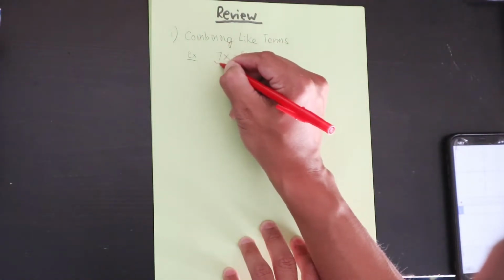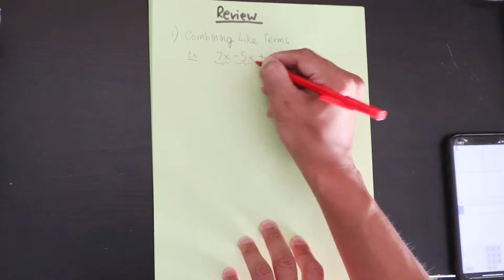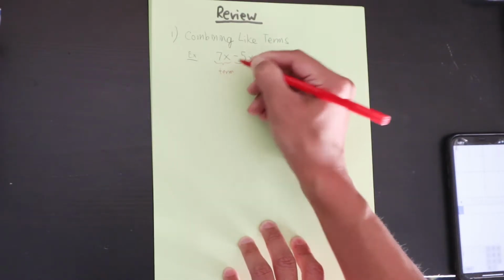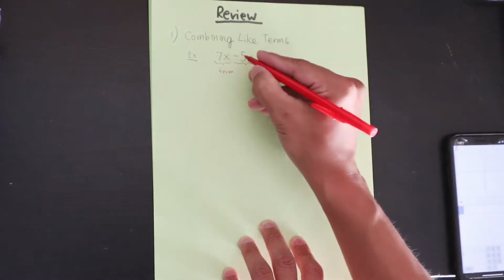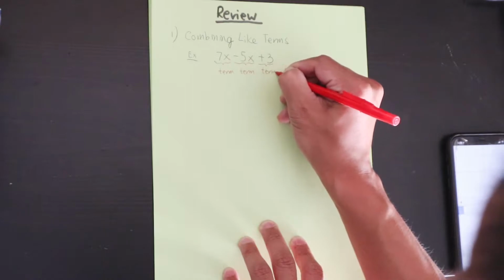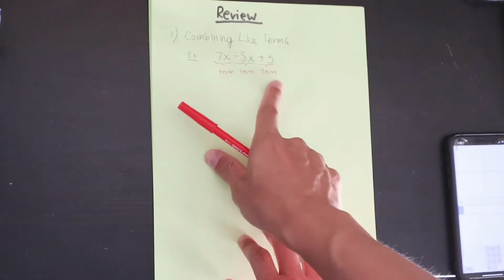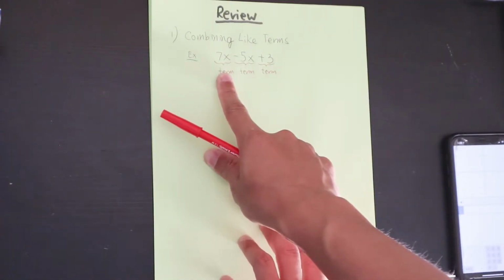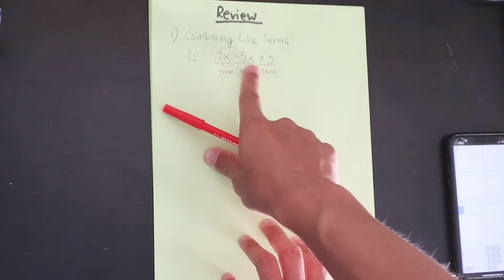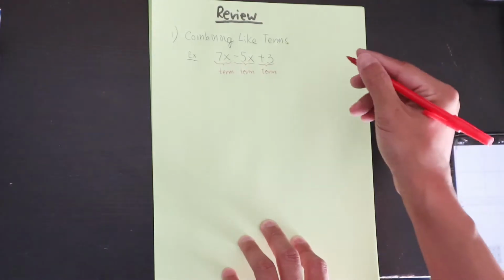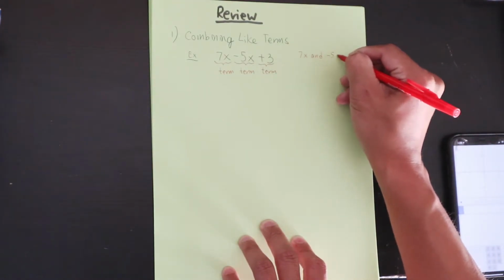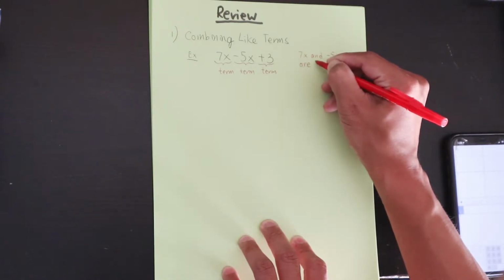So this, and this, and this, we call a term. But out of the three terms, two of them are very similar because they have the same letter, and we call these the like terms. So we're going to say 7x and negative 5x are like terms.